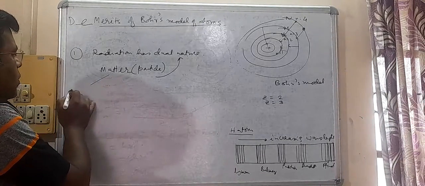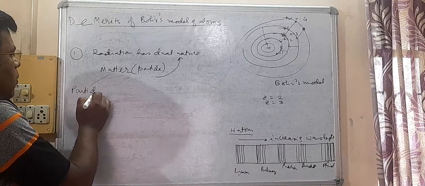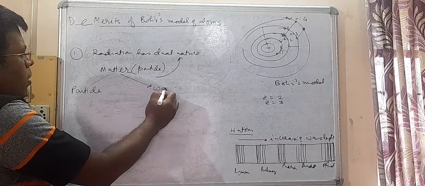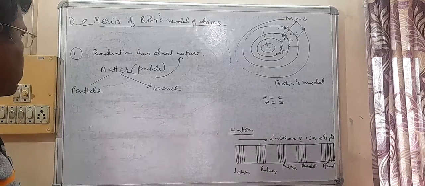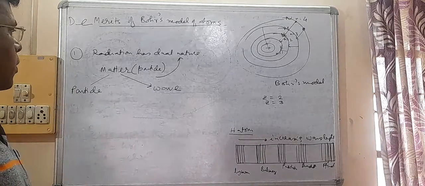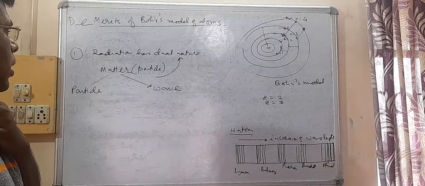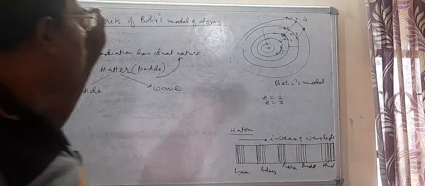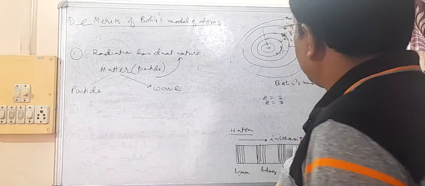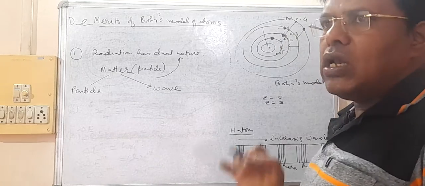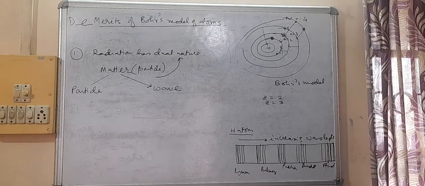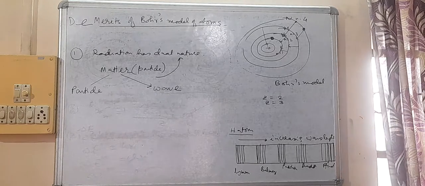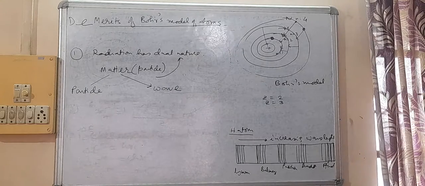Matter can behave as a particle. Matter can also behave as a wave. And there are experiments which have confirmed this. Now, in Bohr's model of atom, Bohr had considered the electron only as a particle. He did not consider the electron as a wave. So this is one serious drawback.